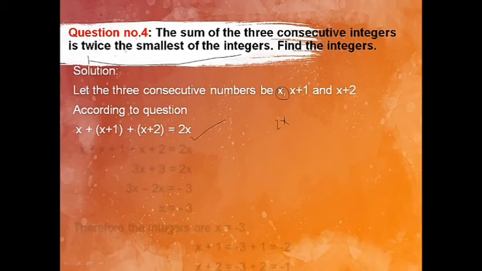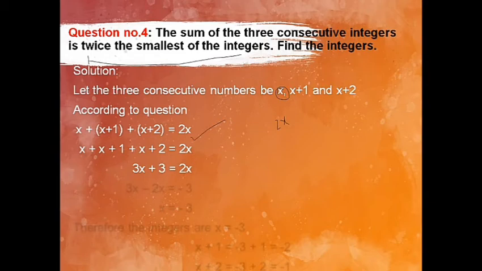Now we will simplify it to get the value of the integer. First we will remove the brackets, and after removing the brackets we get x plus x plus 1 plus x plus 2 equals 2x. Now x plus x plus x equals 3x, plus 1 plus 2 equals 3, that equals 2x.